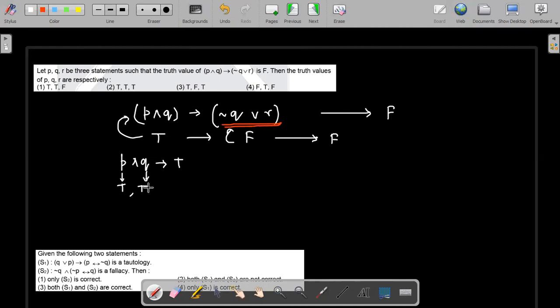Now we have already proved Q is true, so not Q must be false. So false or R is false. What about R? We understand that for or, everything becomes true except when false or false is false. So therefore R is false. So we have option 1: truth, truth, F.